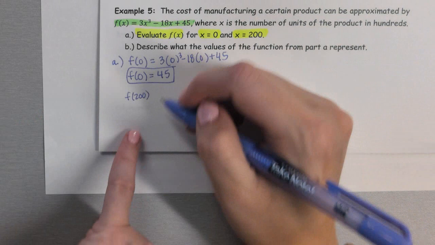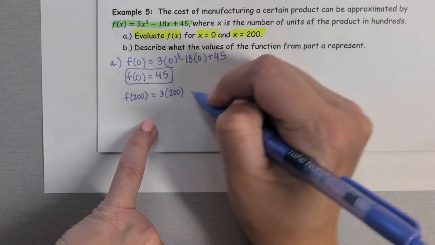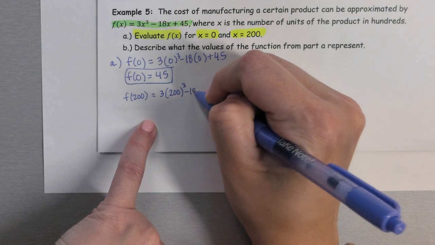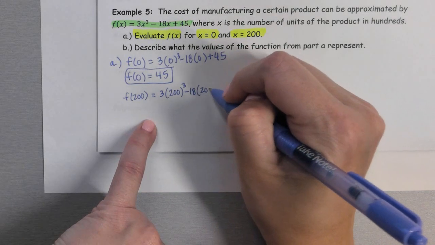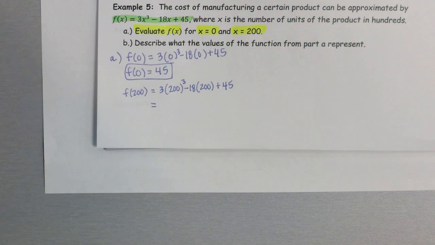You are going to get a large number, so don't be alarmed. So 3 times 200 cubed minus 18 times 200 plus 45. Okay, so I'll give you a minute to evaluate that, and then once you evaluate, I want you to start thinking about part B. Don't write anything down yet, but I do want you to start thinking about how you can describe this.